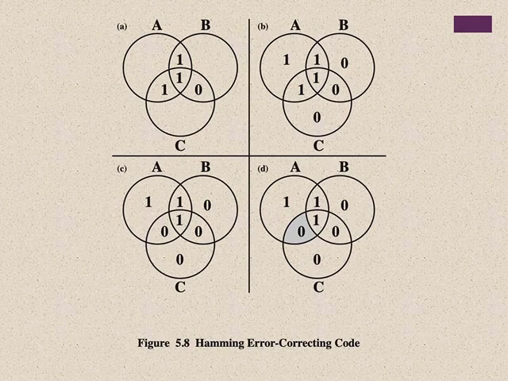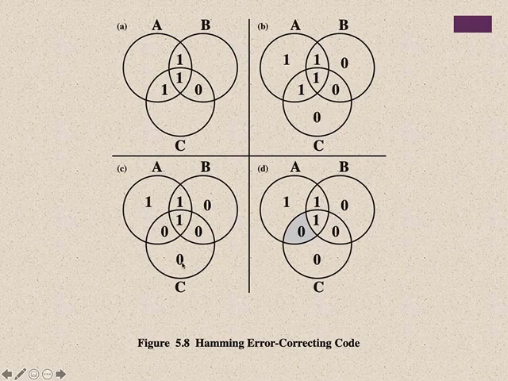If we are using even parity, we want the number of ones to be even. If we are using odd parity, we want it to be odd. Assuming even parity, in circle A we have 1 1 1, so we add another 1 to make it even. Similarly, in circle B it's 1 1 0, the number of ones is already even, so we add a 0. And in circle C we have 1 1, the number of ones is even, and we add a 0 here.